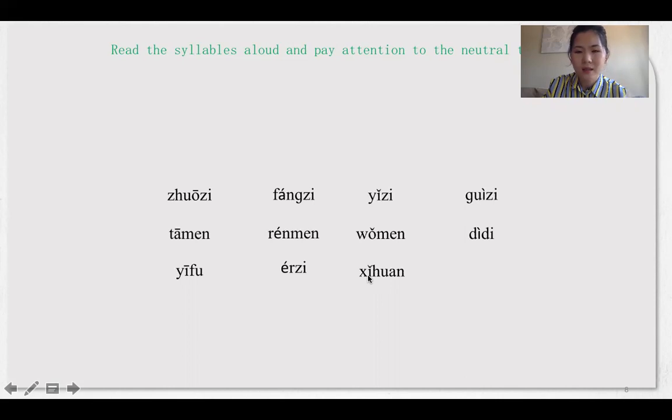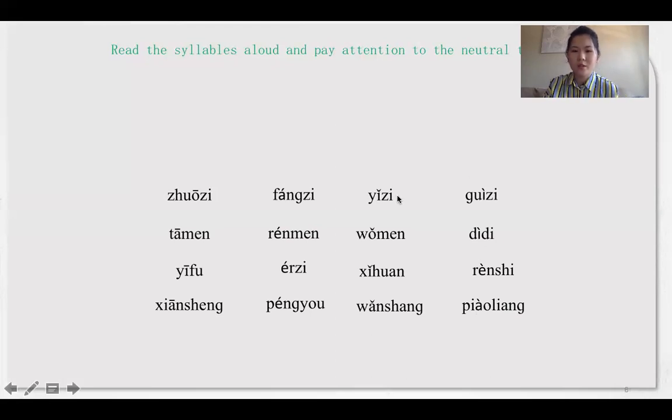This one. 喜欢, 喜欢. 认识, 认识. 先生, 先生. 朋友, 朋友. 晚上, 晚上, 晚上. 漂亮, 漂亮.